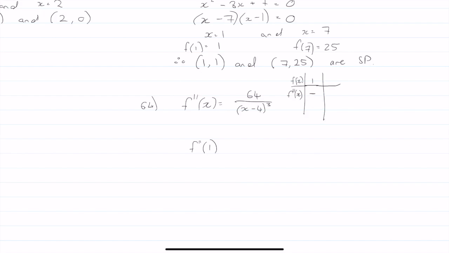If we move on to x is equal to 7, we have a positive at the top, and at the bottom we have 7 minus 4, which is a positive, cubed is a positive. So we have a positive. What that means is f double dash of 1 is less than 0.